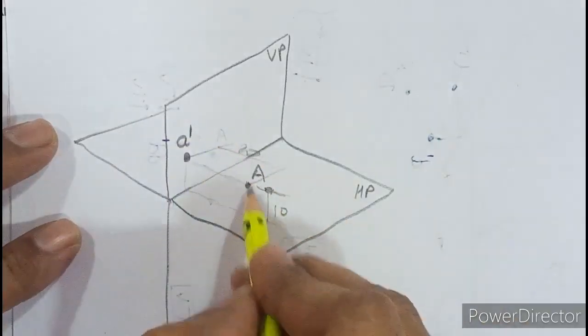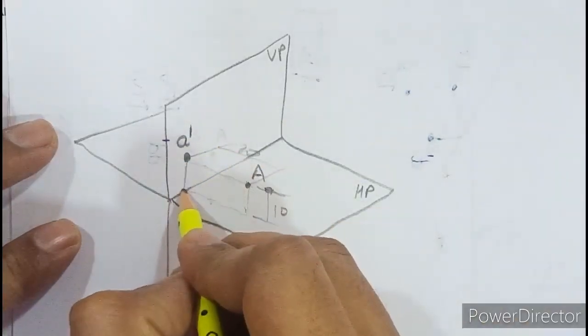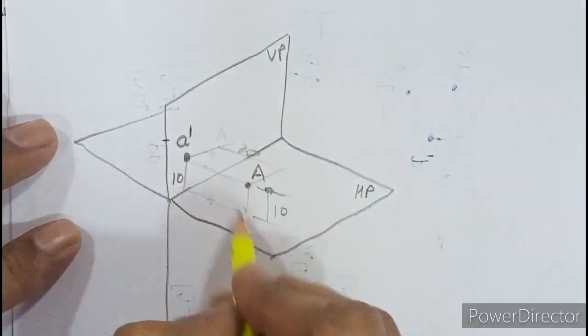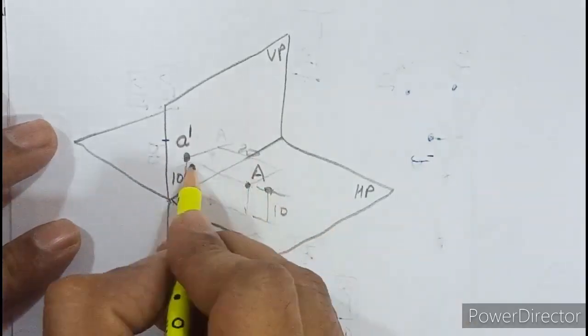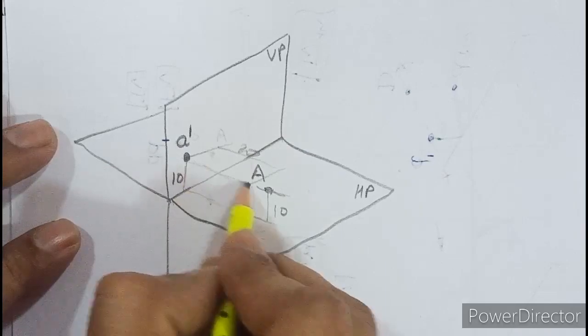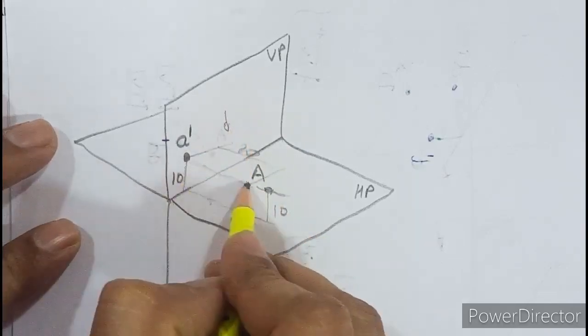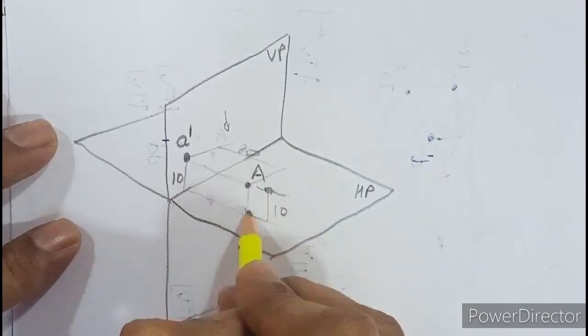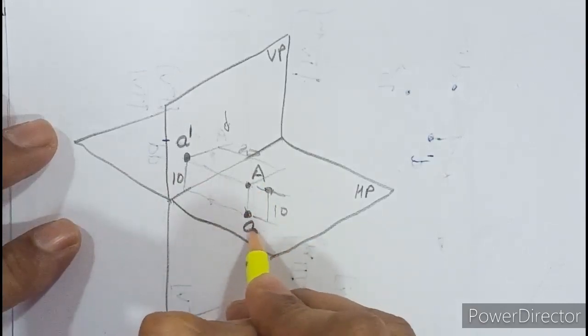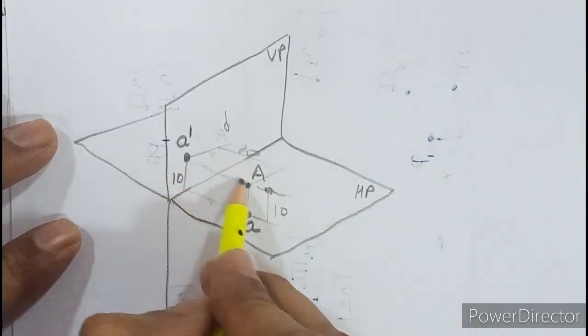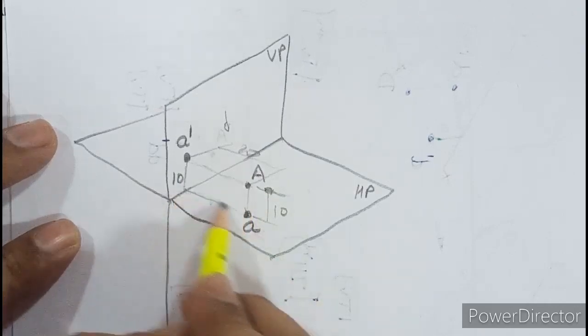And if point A is 10 above, it means the projector from XY is also 10 because they are parallel. If a point is 20 in front, see anything in front you have to look from the top. You cannot make out from the front. So anything in front is seen in the top view. So projection of point A will fall on HP, called as small a without dash. And because this is 20 in front, parallel to this, even this will be 20.